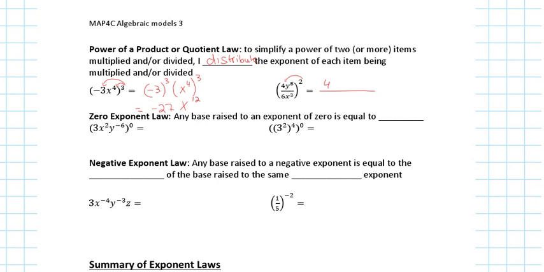Because you have to bring the 2 in. How about y? To the power of 10. Y to the power of 10, because you're multiplying, right? How about the 6? 6 to the power of 2, because the power on the 6 is 1.